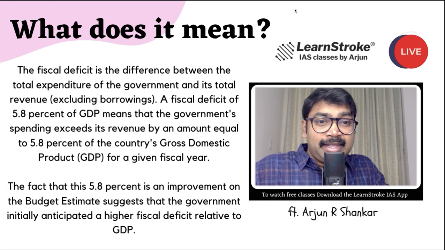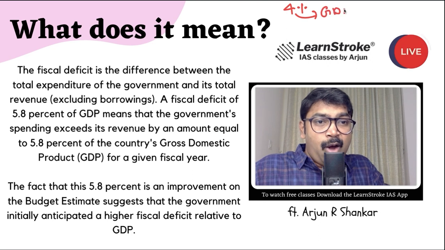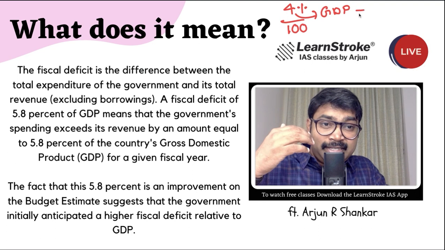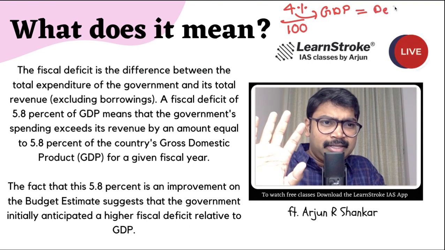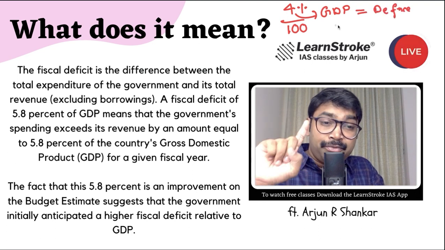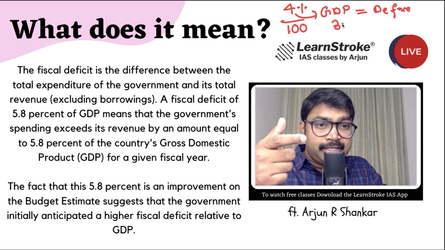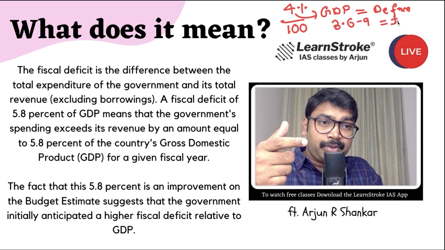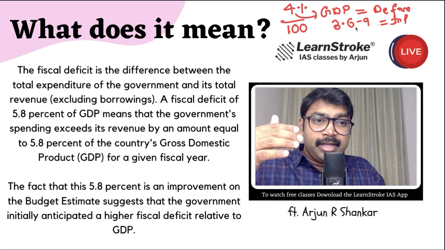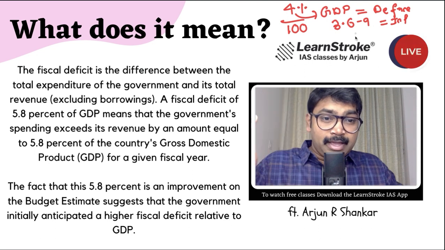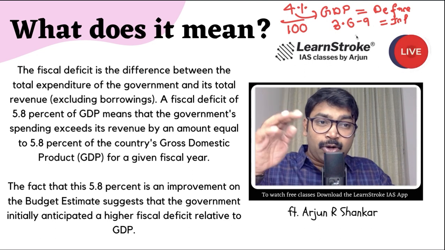Just like we say 4% of GDP, out of 100, imagine that 4% of the GDP is invested for defense. I'm just giving you examples. A country is spending 4% of its GDP for defense, and almost 3.6% for infrastructure.